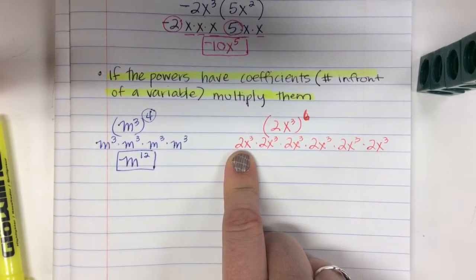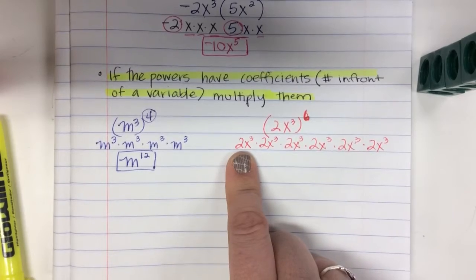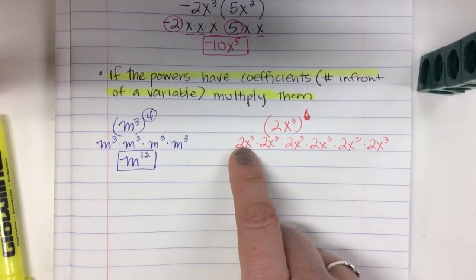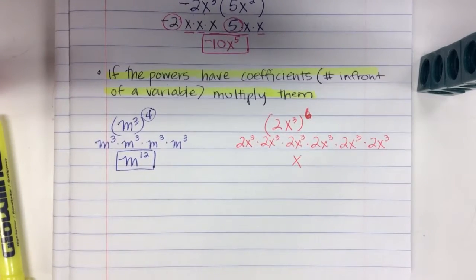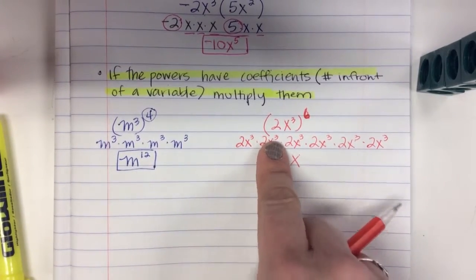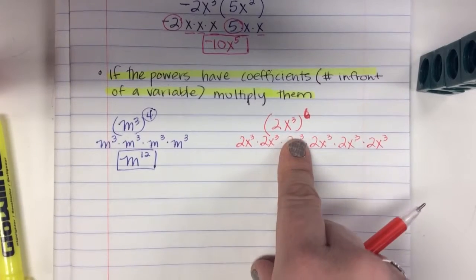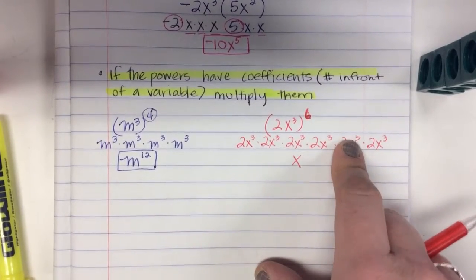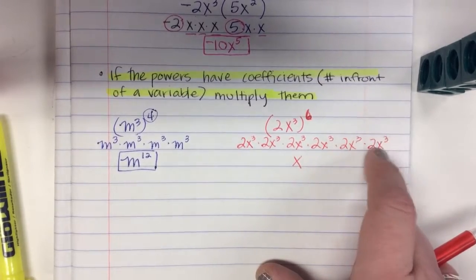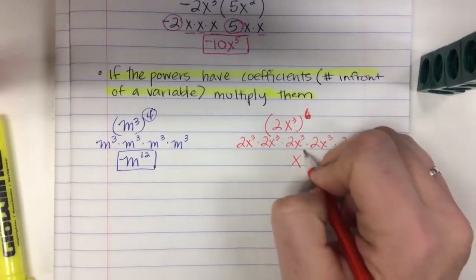X. Don't say 2, because the 3 only touches the x. So x to the 3 plus 3 is 6, plus 3 is 9, plus 3 is 12, plus 3 is 15, plus 3 is 18.